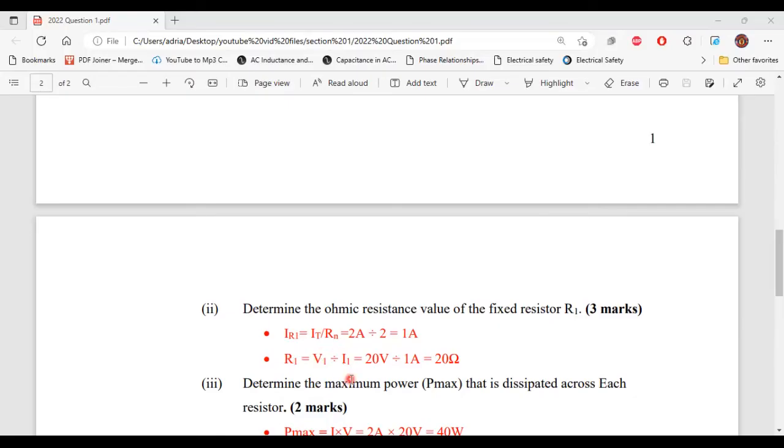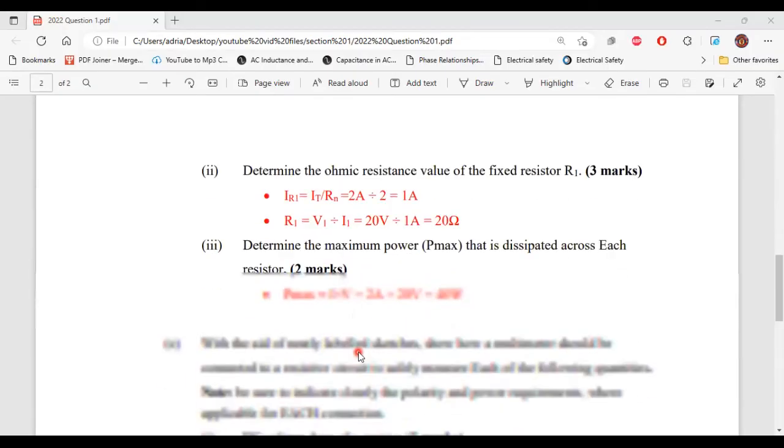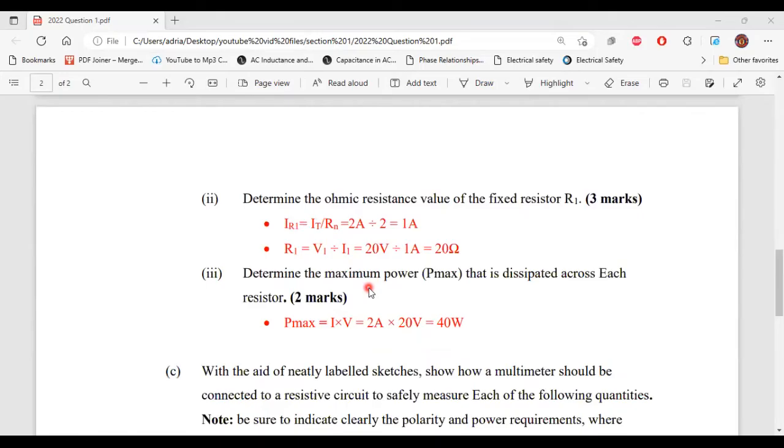Now remember that it's a parallel circuit, so the voltage is constant, or the same. So R2 will have the same voltage across it as the voltage source, and also R1 will have the same voltage across it as the voltage source. Hence, R1 is equal to 20 volt divided by 1 amp, and that will give us 20 ohm. So that's it for part 2.